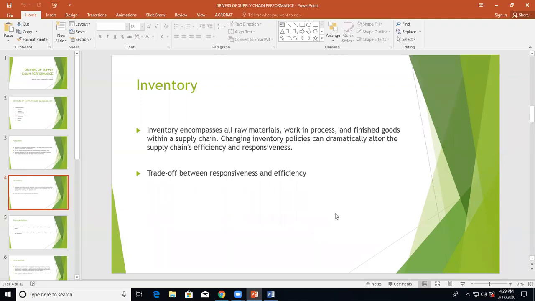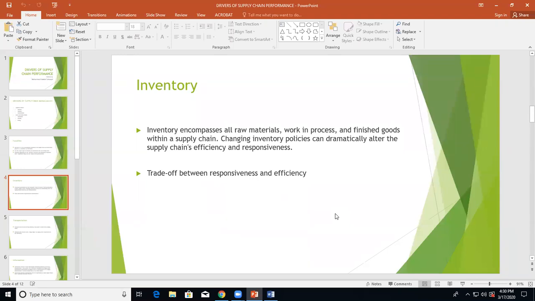The new concept of cross docking was introduced by Walmart. Whenever the supply of toilet paper rolls comes in to Walmart, they don't offload it. They just move it to the next truck, and the next truck goes to the retail store. So they never keep the inventory.